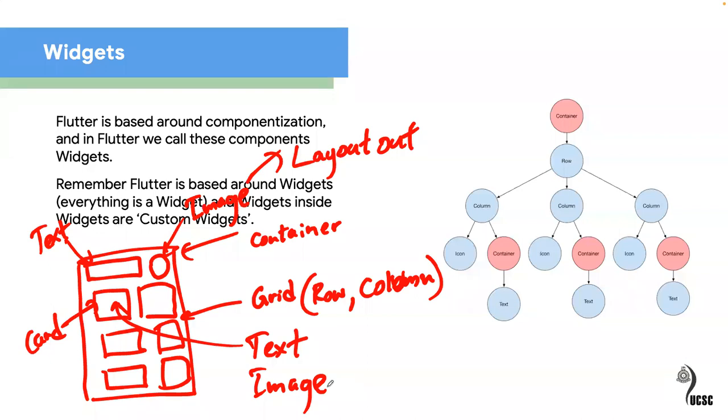The first thing you should be able to do when developing Flutter is to divide an interface like this. For instance, if we take the Uber or YouTube app or any other application, you should be able to see what the widget tree is.